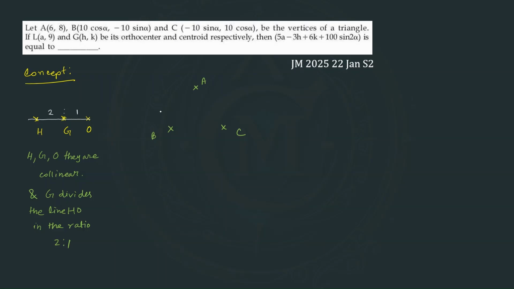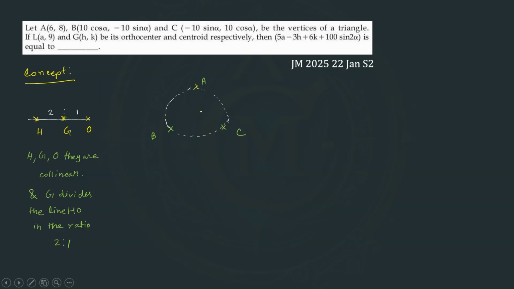Now the interesting point is that A also lies on that circle because 6, 8 and 10 are Pythagorean triples. So 6 square plus 8 square is 10 square, which is 100. That means the circumcircle of this triangle will be the circle centered at origin, which has a radius of 10 units. So we can draw a rough diagram.